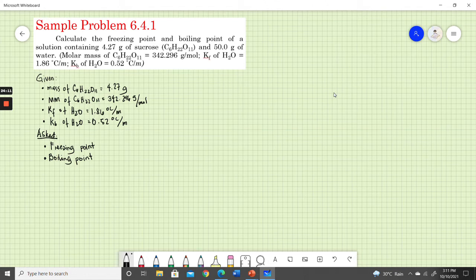And the formula that we have to use are basically the formula that I've written earlier.